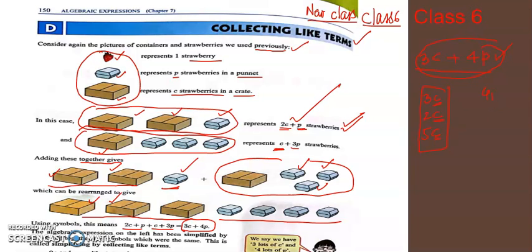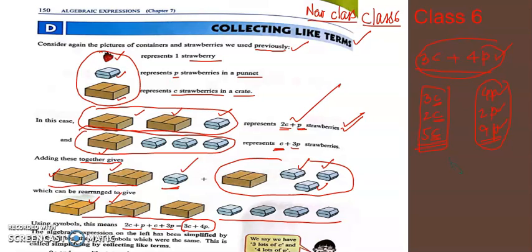Similarly, 4P, 2P, 9P, these are another like terms. So 4P, 2P, 9P, each one of them have the same letter P. So these are like terms of one type, and these are like terms of other type because they are having C as their suffix.